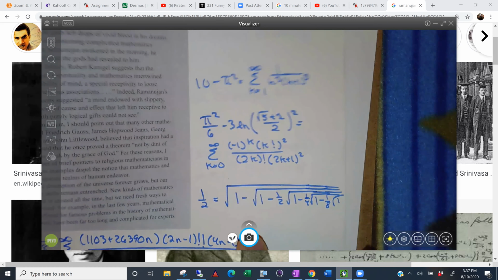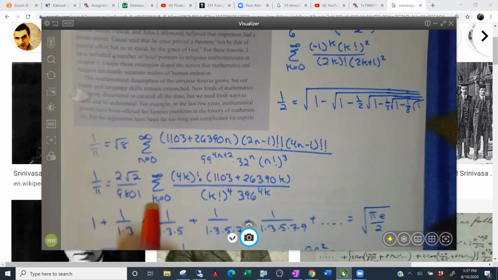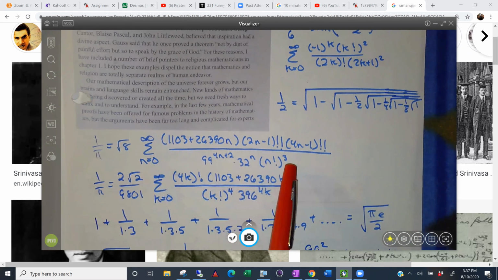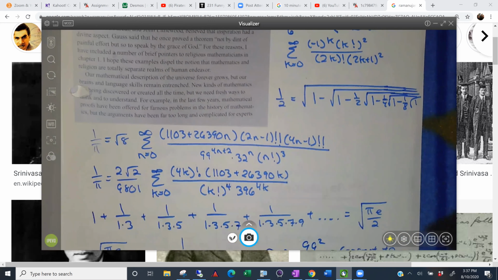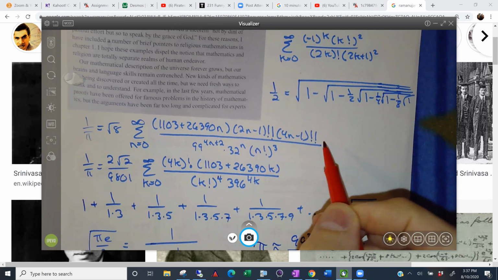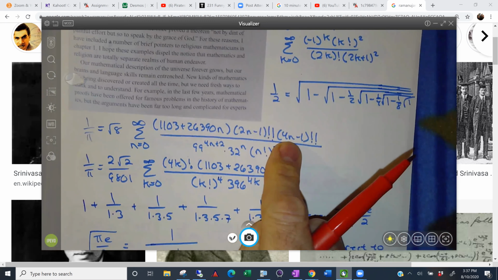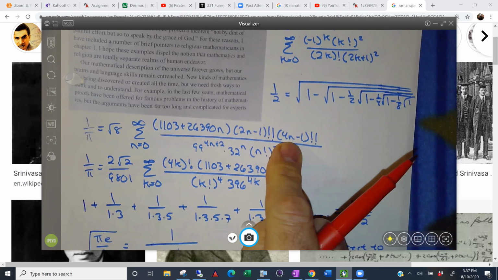This one's kind of fun, but let me show you a couple of the really bizarre ones. This one, how on earth you would come up with this, I don't know. And what's really cool and, dare I say, sexy about this one is that it's got a double factorial. This number here is bigger than your calculator can hold when n equals 2.